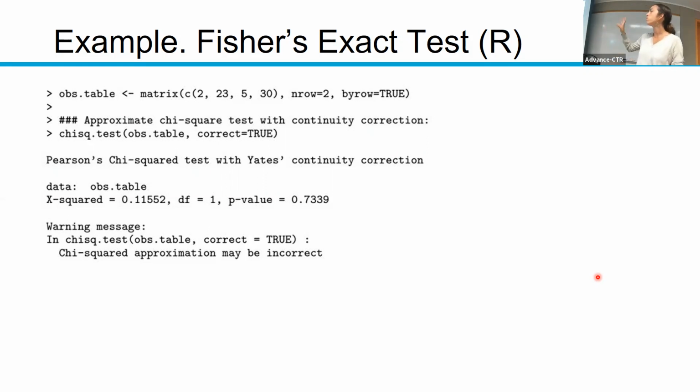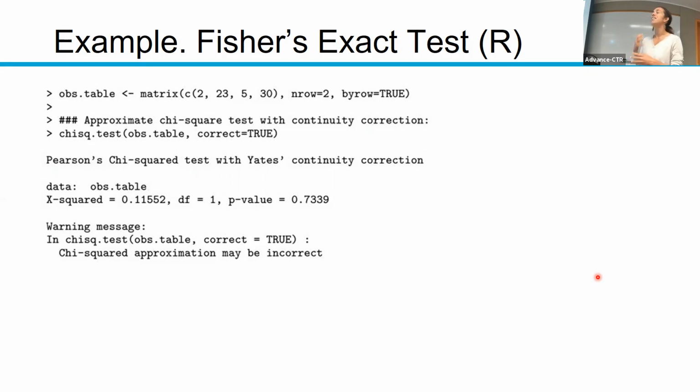So the reason why this warning message is coming up is precisely because of the previous slide where we showed that some of the expected counts for these variables were below 5. So that's why, when we're using an approximation that needs it to be above 5, it's giving us this warning message. And this is a little bit of a side note, but when your software is giving you a warning message, I think it's very tempting for a lot of people to just ignore it and keep on with their analyses.